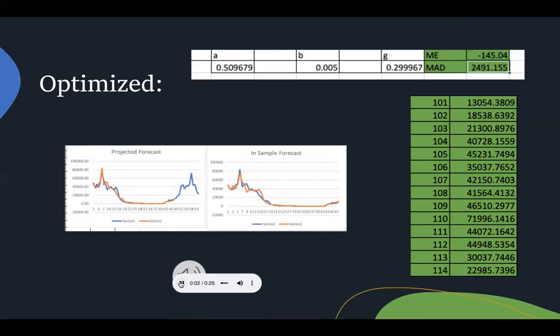After using the solver function in order to minimize errors, the most optimal values to use for alpha, beta, and gamma were 0.51, 0.005, and 0.3, and thus this decreased our ME, giving us negative 145.04, and also decreased our MAD, giving us 2,491.16.